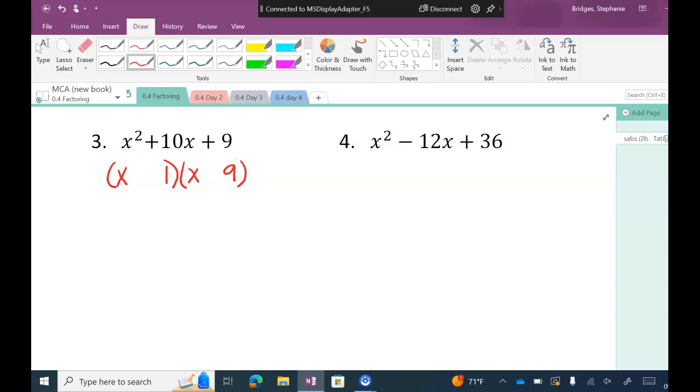It tells me if my signs are going to be the same or if they are going to be different. If it is a plus, that means my signs in my parentheses are going to be exactly the same. They will either both be a plus or both be a minus. And how we determine that is we look at the first sign. If the first sign is a plus, they will both be a plus. If the first sign is a minus, they will both be a minus. So in this case, both of my signs are going to be plus.